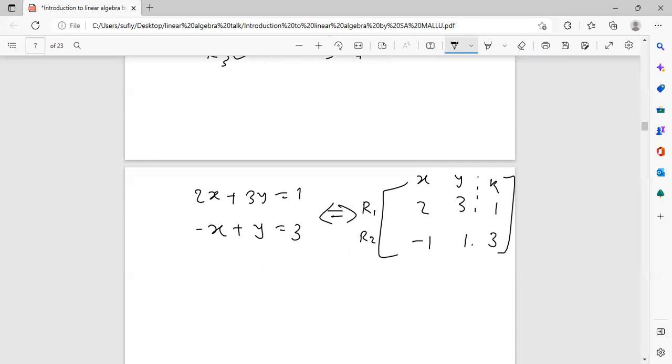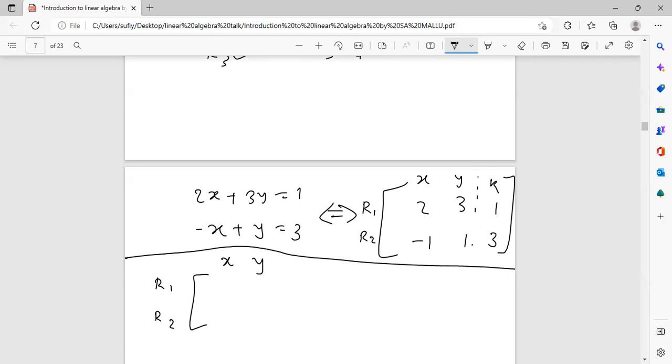What I want you guys to do now is, let's see if I give you a matrix in the following form. If I give you an augmented matrix in particular, I'm not just going to talk about a matrix. Because when I give you an augmented matrix, I'm talking about a system of equations as well. So x, y, z, this is a totally different example now, together with constants k.